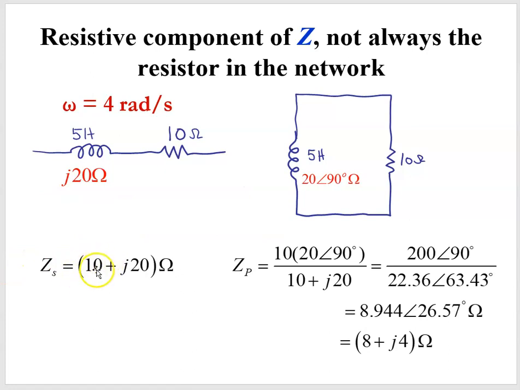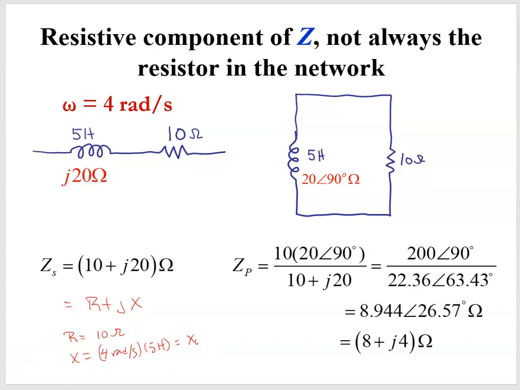In series, our series impedance is 10 plus j20 ohms, where, equal to R plus jX, it is in fact true that R is equal to 10 ohms, the resistor, and X is that 4 radians per second times 5 henry, which is just XL. That's true because they're in series and we're adding them.